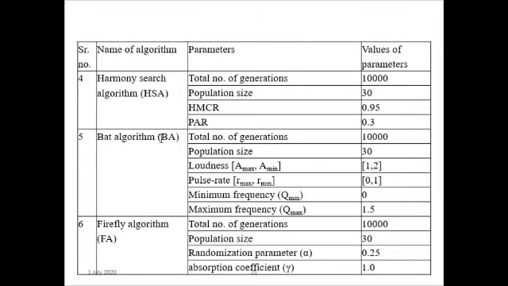For the harmony search algorithm, the HMCR, harmony memory consideration rate, is 0.95 and the pitch adjustment rate is 0.3. For the bat algorithm, the range of loudness is 1 and 2, the emission pulse rate is between 0 and 1, and the minimum and maximum frequencies are 0 and 1.5 respectively. For the firefly algorithm, the randomization parameter alpha is 0.25 and the absorption coefficient gamma is 1.